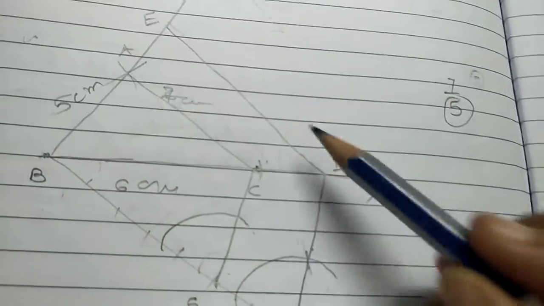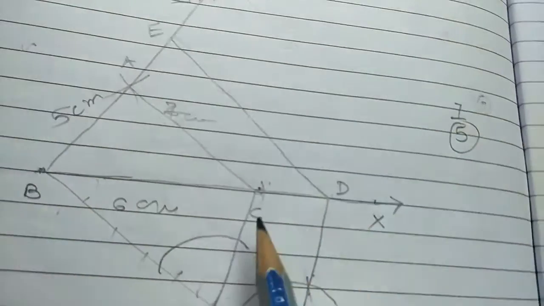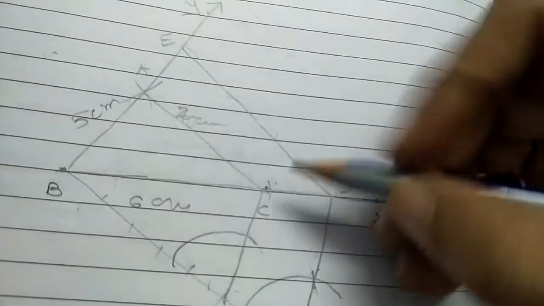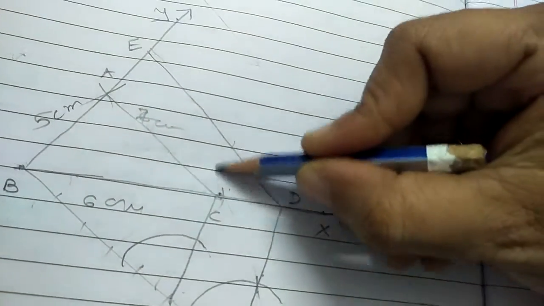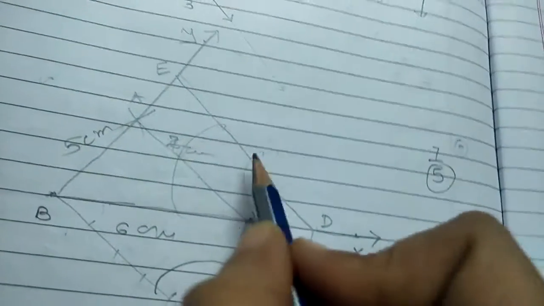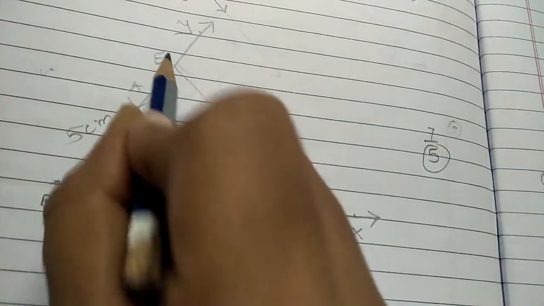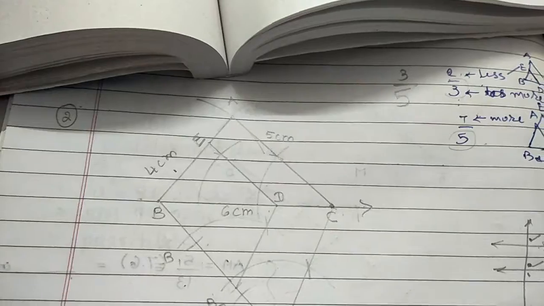Then again from here you take another arc, and from here whichever arc cuts. One arc will be like this, the next arc like this, and from here you draw another arc. Similarly you will get this line segment. The construction is the same as the earlier construction.